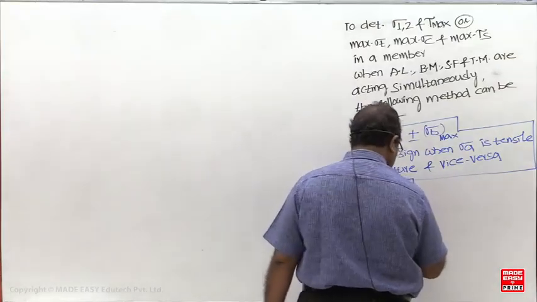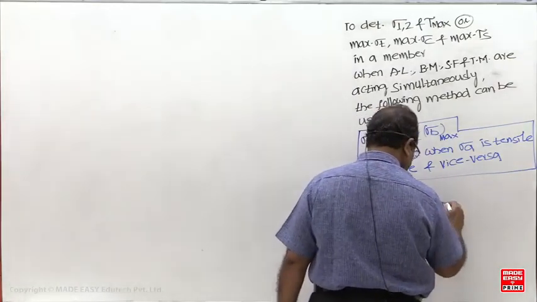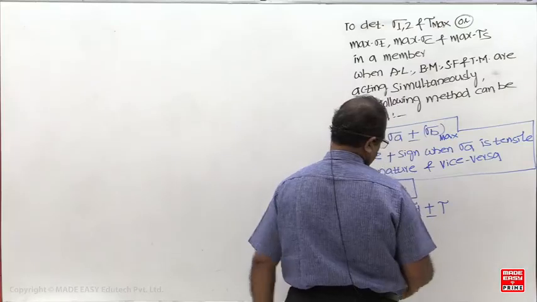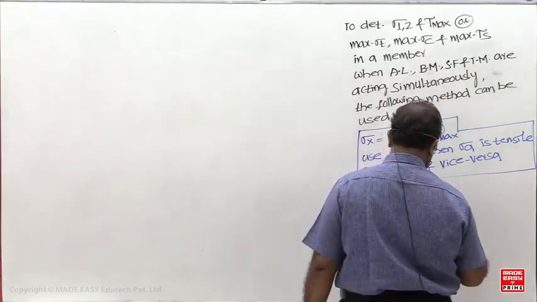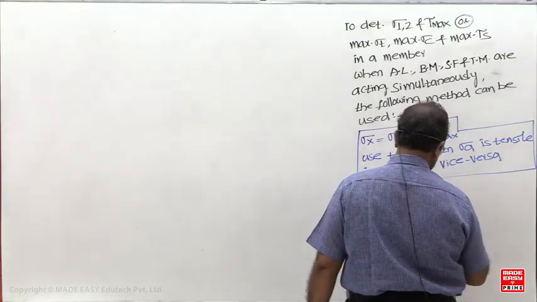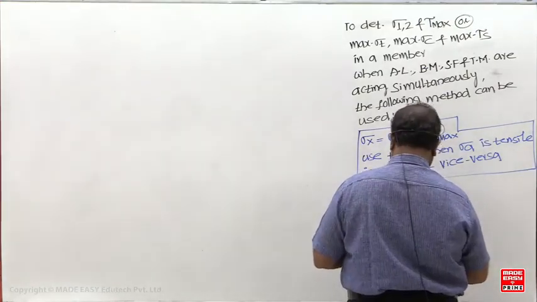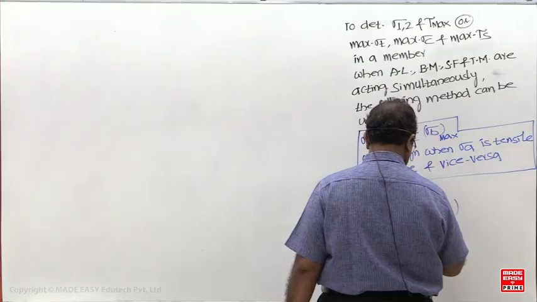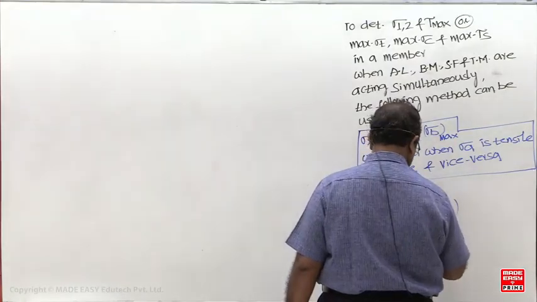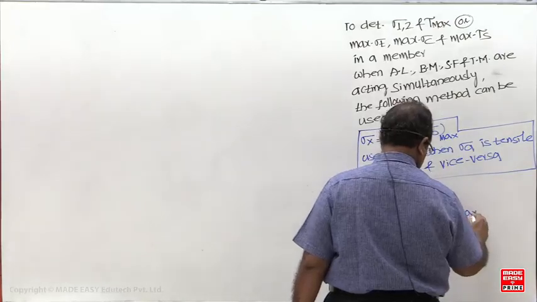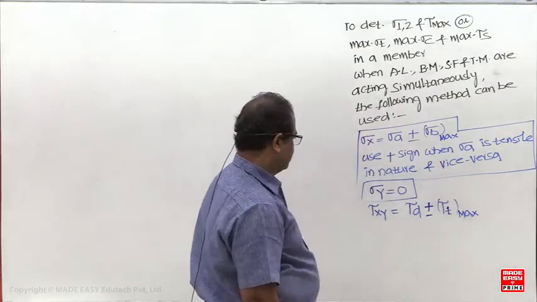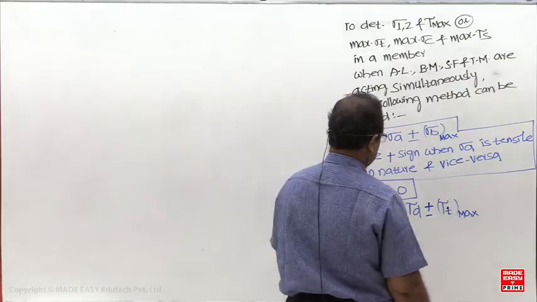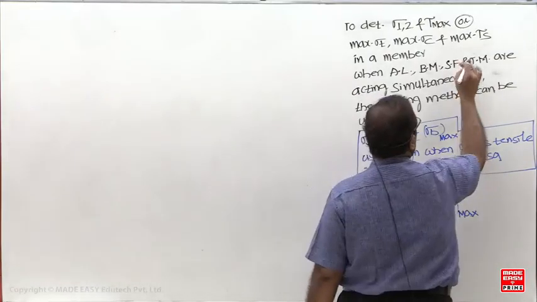Tau xy is equal to... You can remove this now, otherwise some confusion will be there.